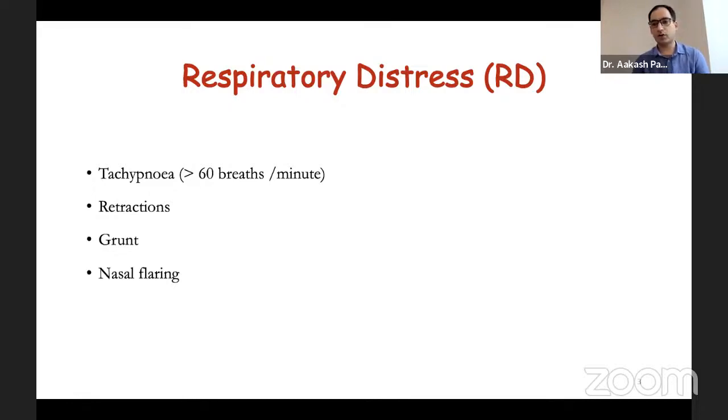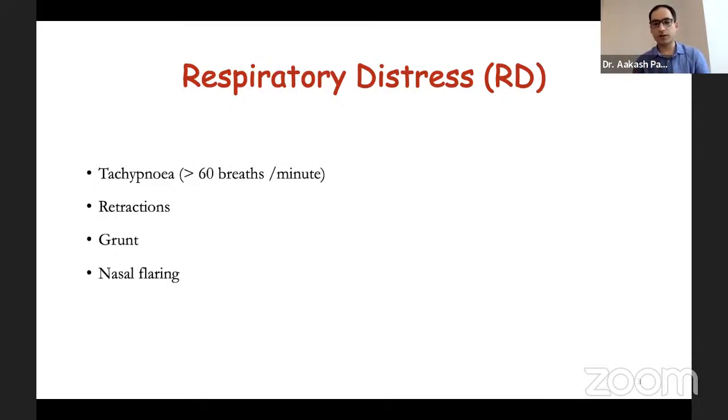Then, nature is always the best medicine, and in order to prevent end-expiratory collapse, nature has a ready-made CPAP in the form of grunt, which is seen at the end of expiration, where the glottis closes so that it doesn't allow all the air to escape during expiration, and some of the air remains in the alveoli, thereby preventing its collapse.